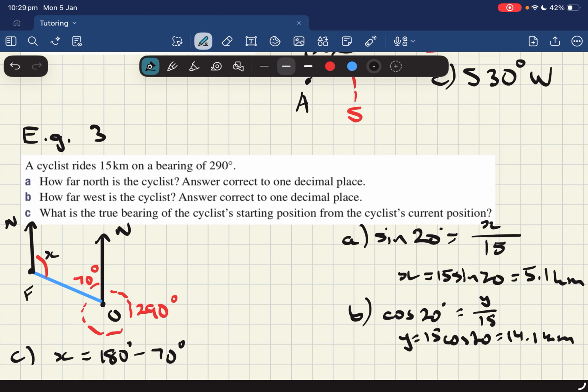The angles inside the two parallel lines add up to 180 degrees. So the bearing of the starting position from the final position is 180 minus 70, which gives us 110 degrees. So this is how we can now start to apply our right angle trigonometry to our bearings questions.